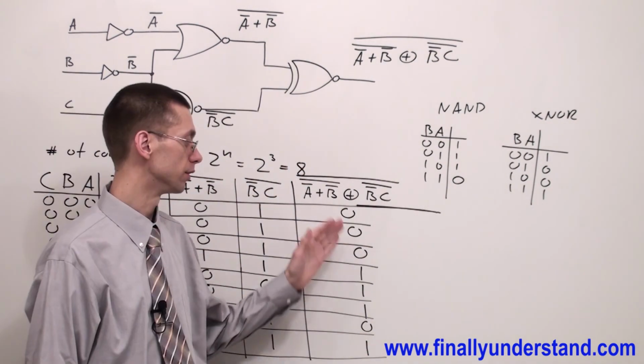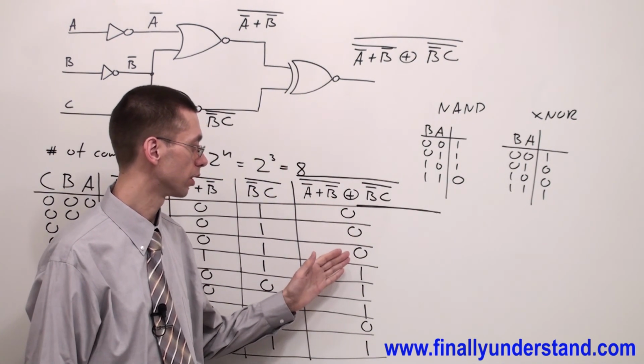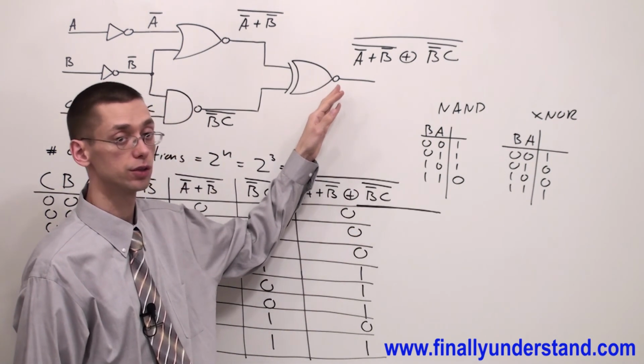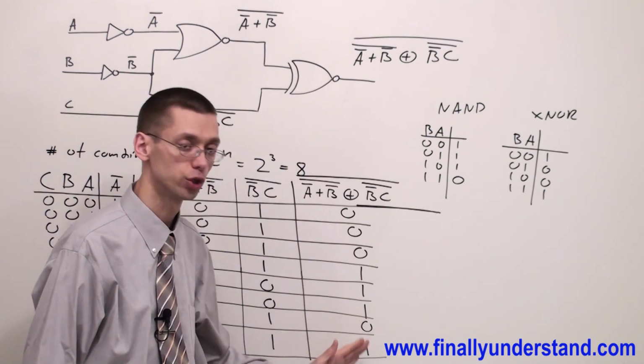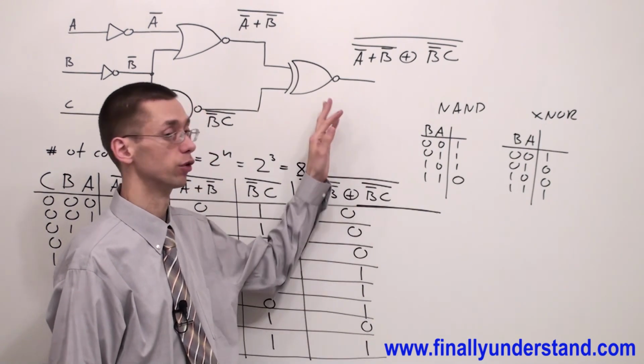And these are all possible output conditions for this circuit. And this column is called the truth table for this circuit.